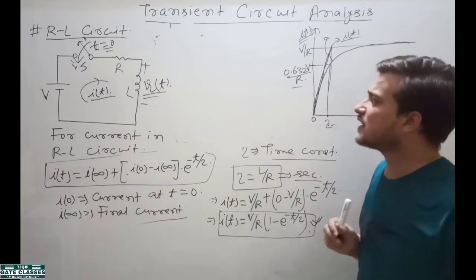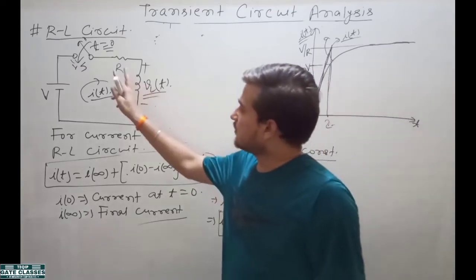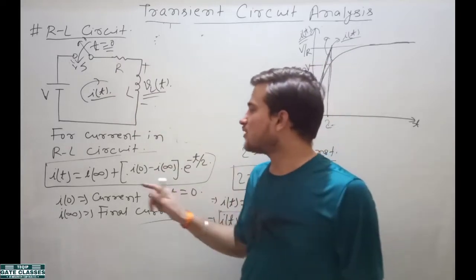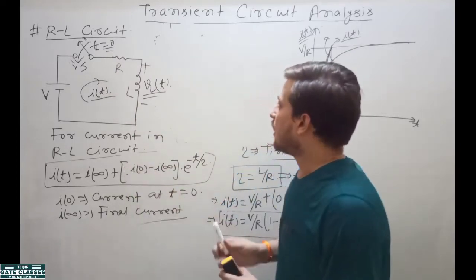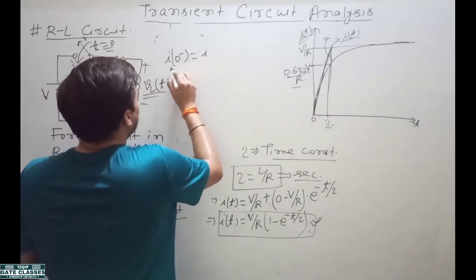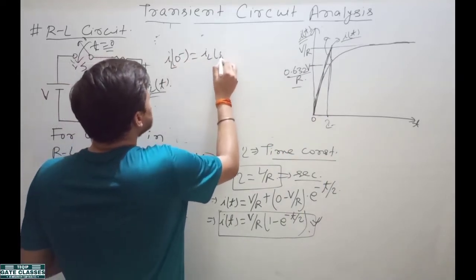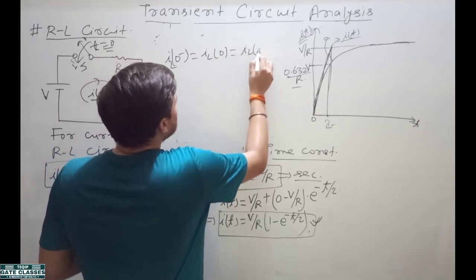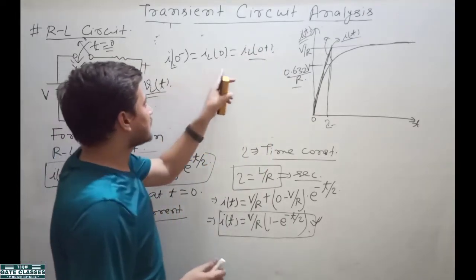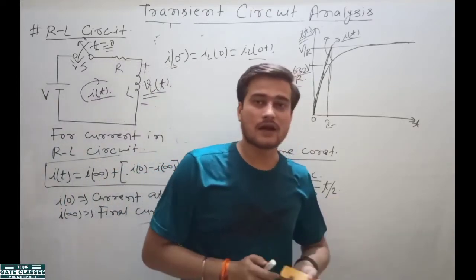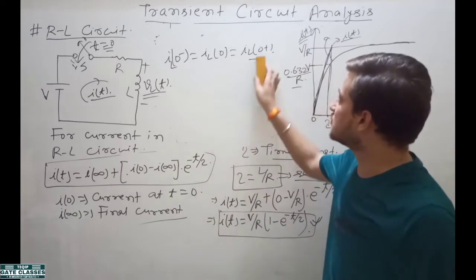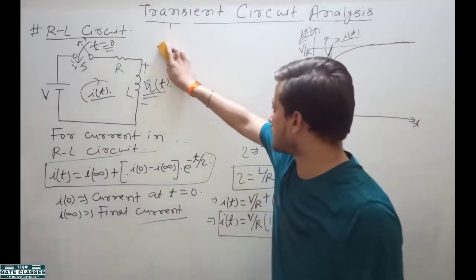The reason is the inductor does not allow sudden change in current. That's why you can write IL(0 minus) will be equal to IL(0 plus). But you cannot write like this for voltage. Inductor allows sudden change in voltage. So that's why this formula is not valid for voltage across inductor.